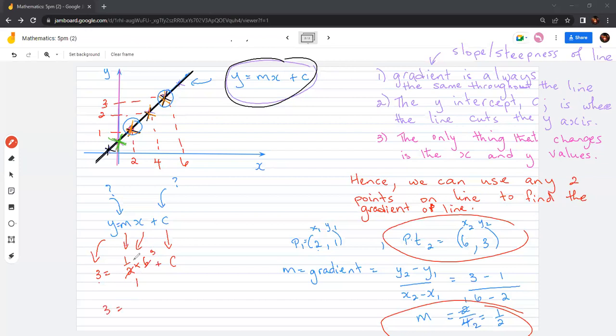So I'll end up with 3 is equal to 3, 3 times 1 is 3. So I'll carry across 3.